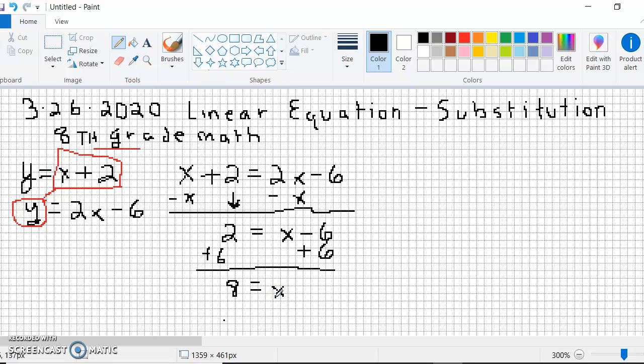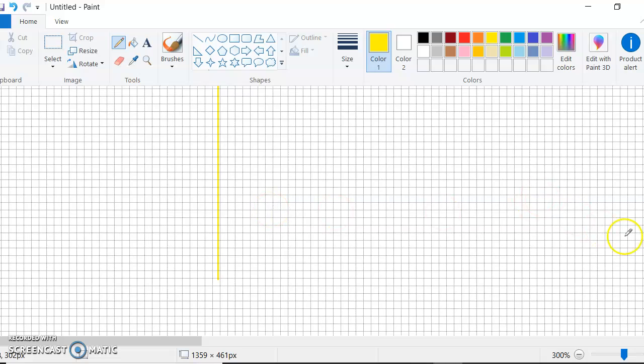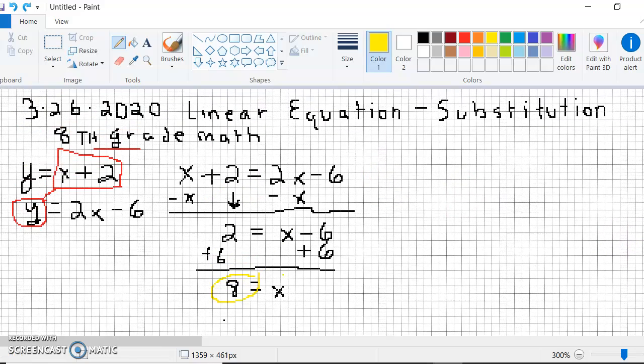So now let me find y. How am I going to find y? Well, this is what I'm going to do. I'm going to take this 8 here, and I'm going to put it over here. Take my 8 and put it over here. Okay, again, get back to my black ink.